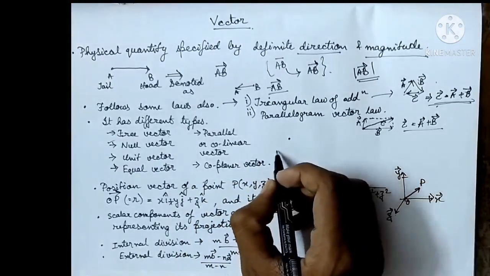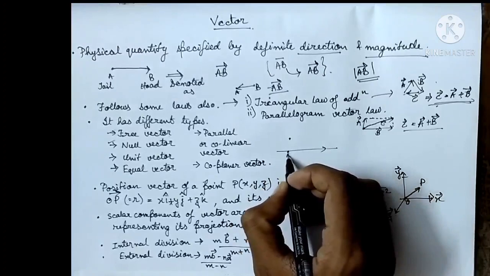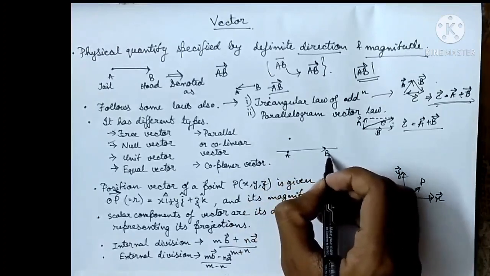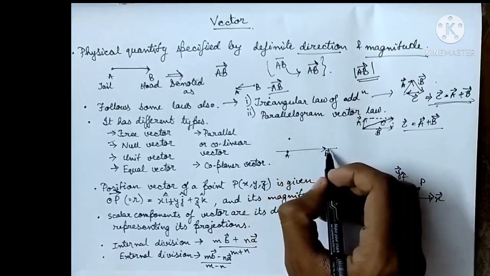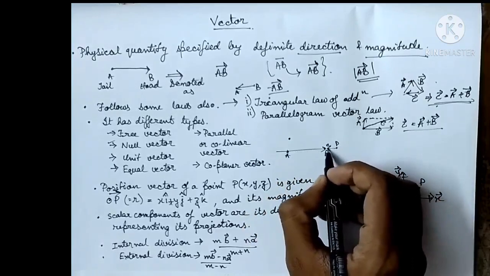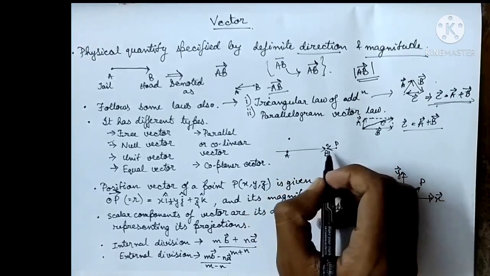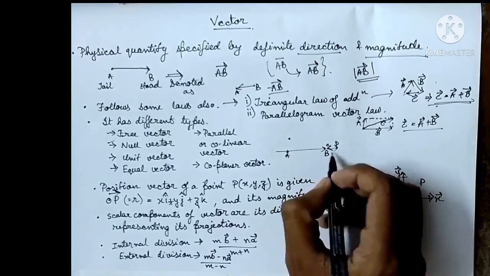So a vector like this maybe. Here is A, this is B, and again from here to here C and D. So this is antiparallel, but not this one.